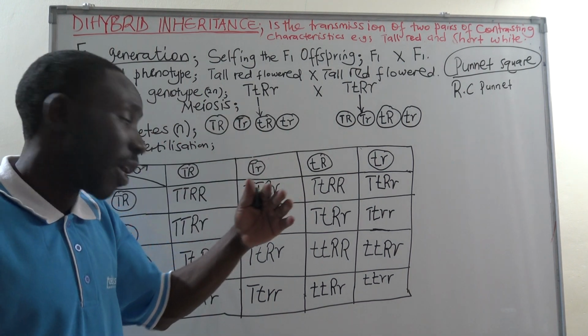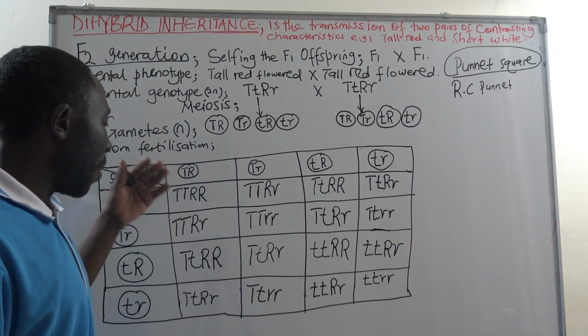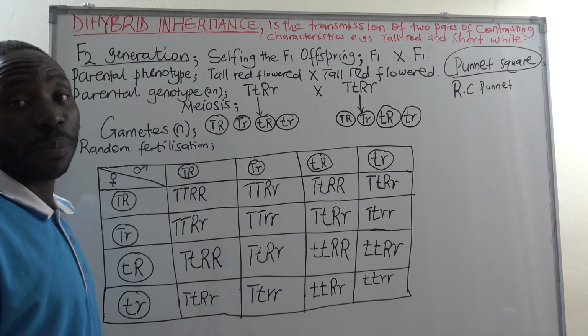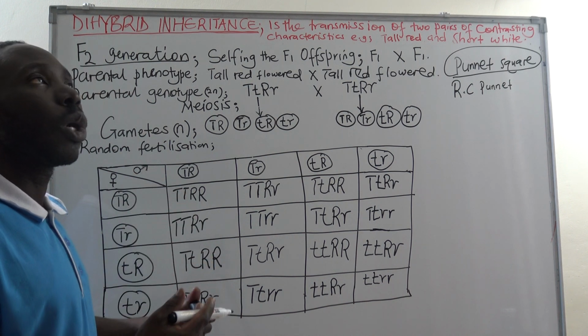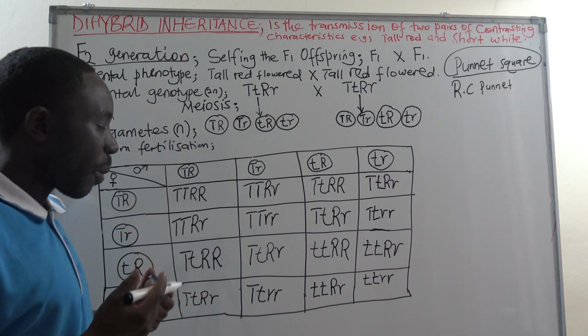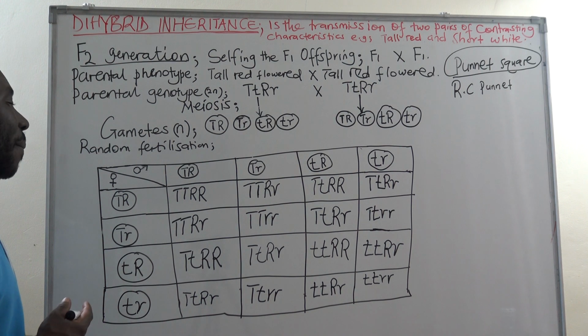an identifiable mark to the offspring bearing the same genotype, so that the mark can help you to identify the possible genotypes of the offspring in the Punnett square.